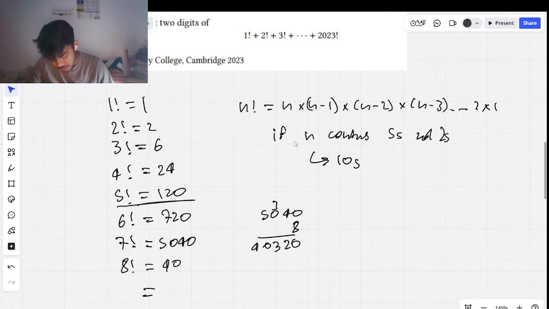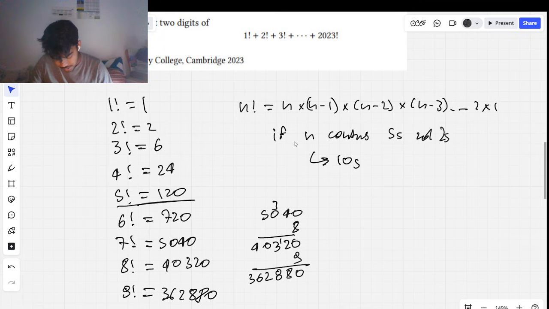It's 40,320, 9 factorial is just that times 9. And I'm not even going to bother working out 10 factorial. I know it's just whatever 9 factorial is times 10, so an extra 0.